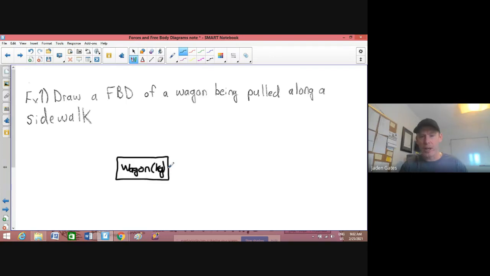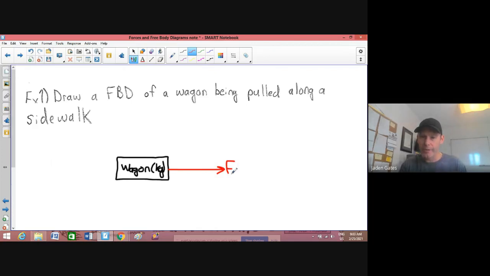Now, if I'm drawing a free body diagram of a wagon being pulled along a sidewalk, that means there is a force applied to the wagon. So I'm going to say that this force is applying it to the right. So I draw a little arrow here, and you've got to basically name forces. Some of them you're making up your own names to sort things out, but other times forces just have names.